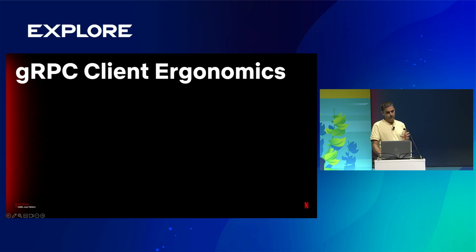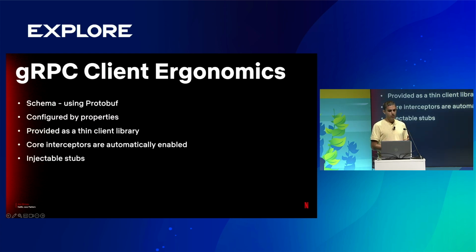All right. When it comes to making a gRPC call against our server, we wanted to make it super easy for our consumers. So we wanted, from an ergonomic point of view, to provide them out-of-the-box facilities to first generate the clients. Also, for this, we use a schema, which is protobuf. We do code generation for classes and methods. Everything is configured by property. So you can change specific interception and specific configuration of an application by changing the value of a property.